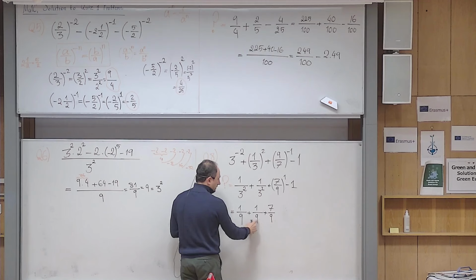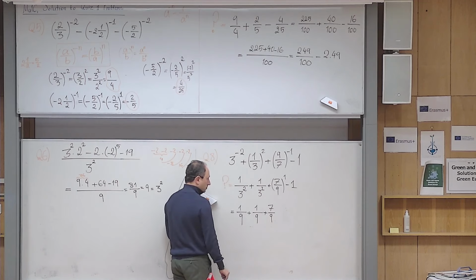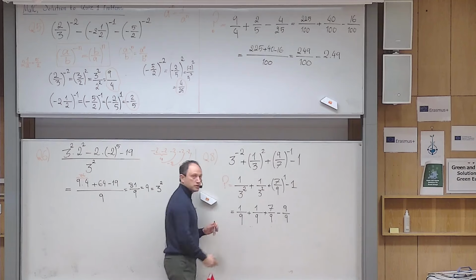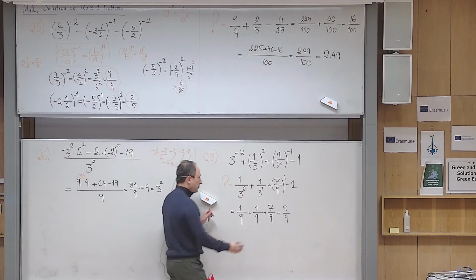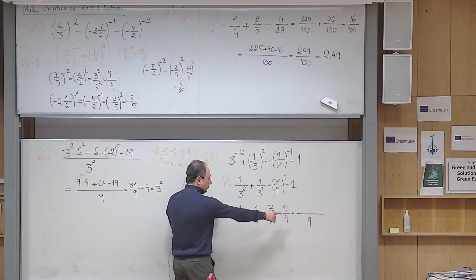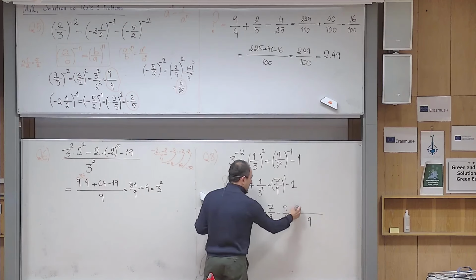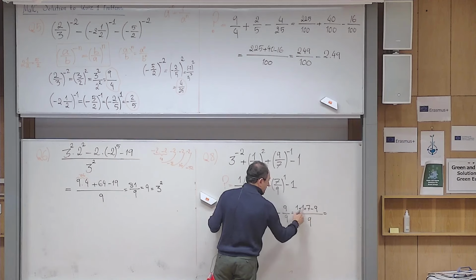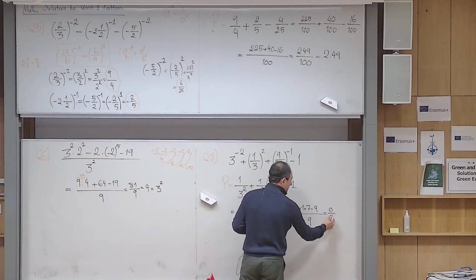But because all the denominators are 1, I can write this as 9 over 9. I want to have the same denominators. Okay, so the denominators are 9, and I write 1 plus 1 plus 7 minus 9. Then what happens? 1 plus 1 plus 7, 9. 9 minus 9, 0. 0 over 9.